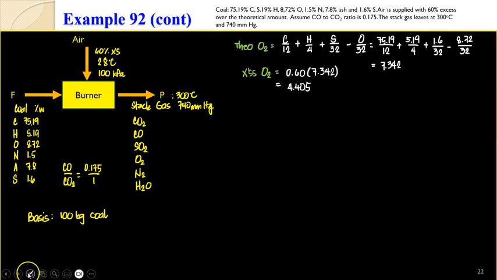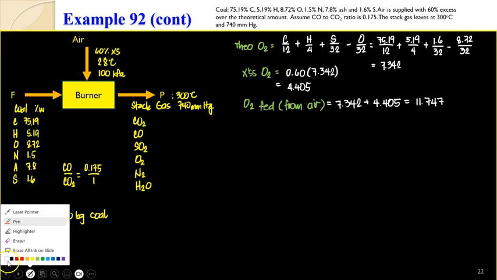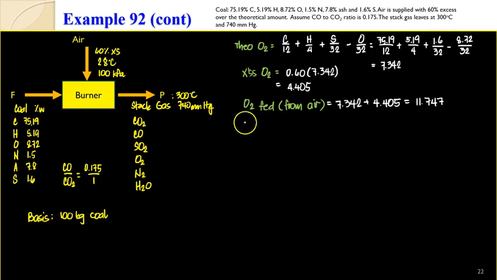Therefore, I can say that the O2 fed, or O2 from air, is the sum of the theoretical and the excess O2. So this is 7.342 plus 4.405, which is 11.747 kilomoles.